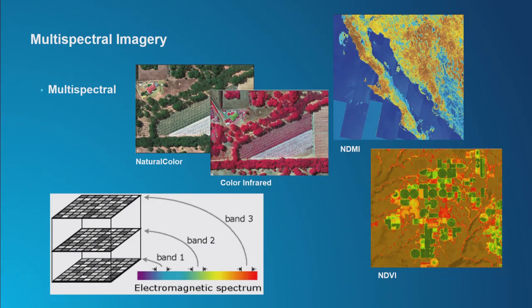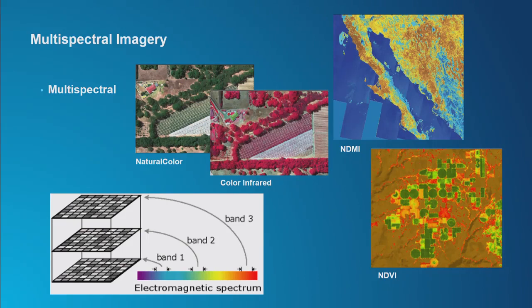Imagery that serves as a great background, for example, for your digitizing, for your mapping, for whatever you're doing in ArcGIS. But then we can do so much more with multispectral imagery. We can extract information. We can combine different bands with one another. We can symbolize based on different bands.